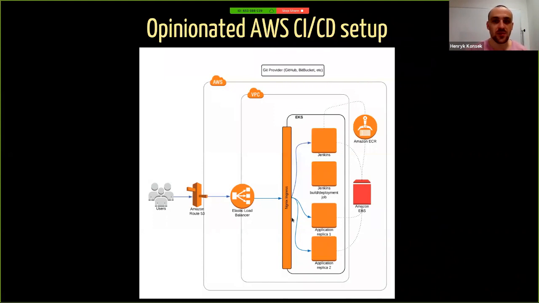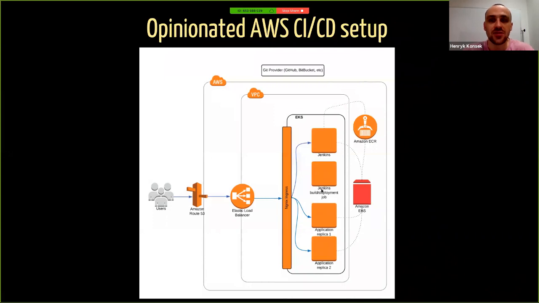Then starting from this point, the Nginx ingress controller will dispatch your HTTP traffic to appropriate nodes depending on your ingress rules, which also will be configured by Jenkins X by default.